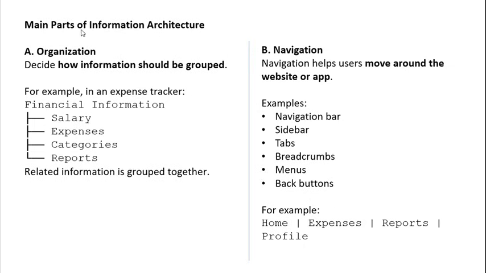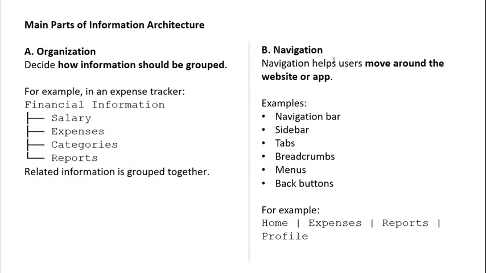The main parts of information architecture are, first, organization, which decides how the information should be grouped. For example, in an expense tracker application: financial information, salaries, expense categories and reports, with related information grouped together.